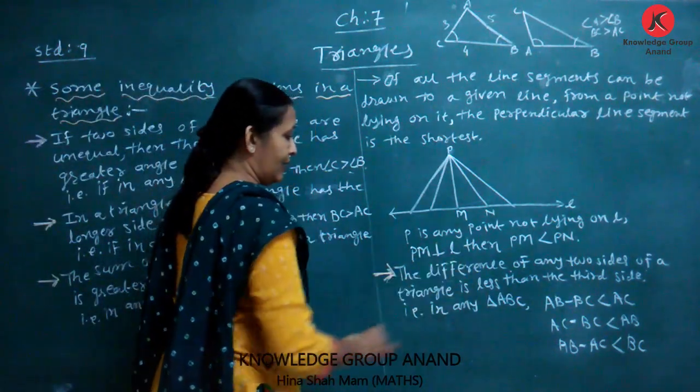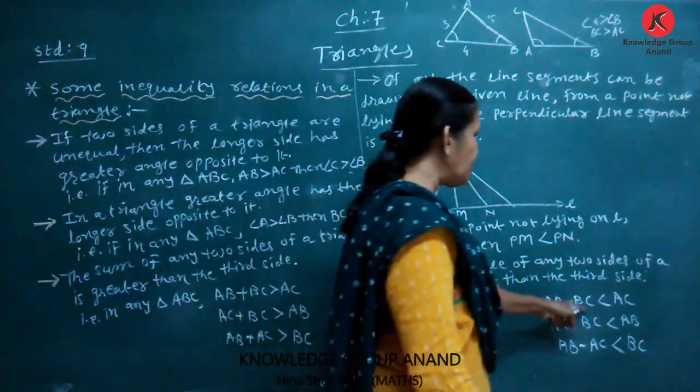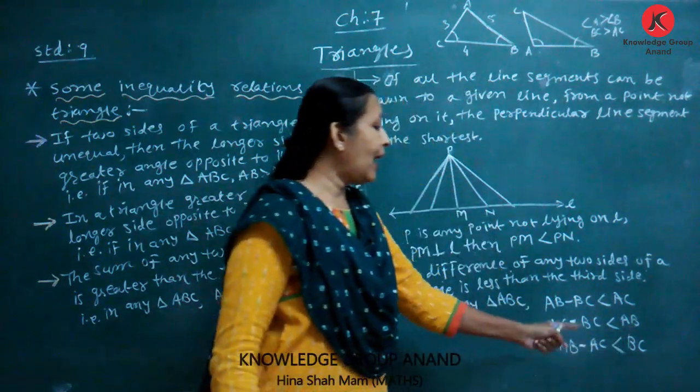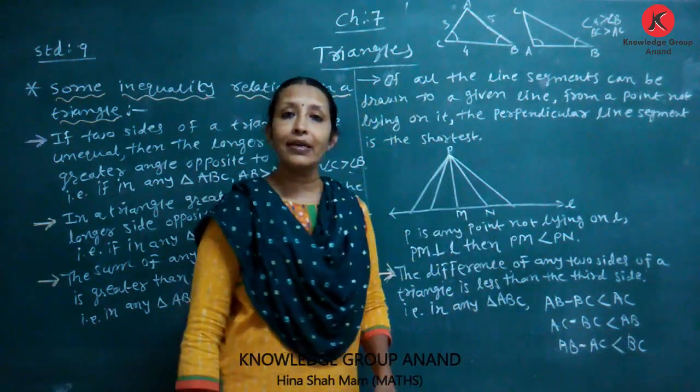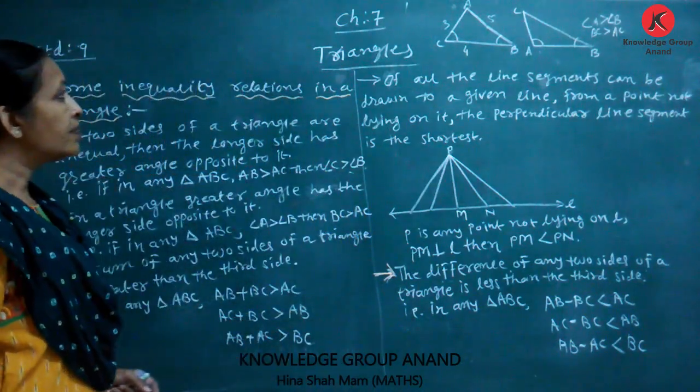Then we write AB minus BC is less than AC, AC minus BC is less than AB, and AB minus AC is less than BC, taking the positive difference.